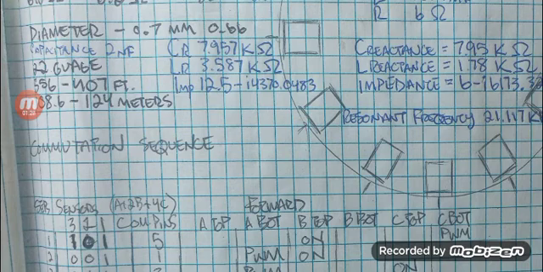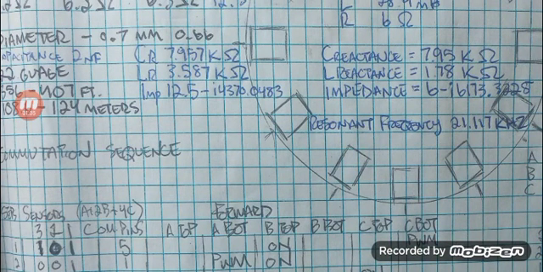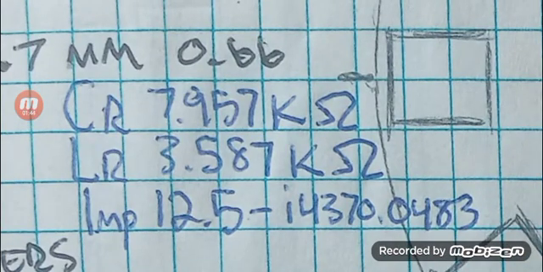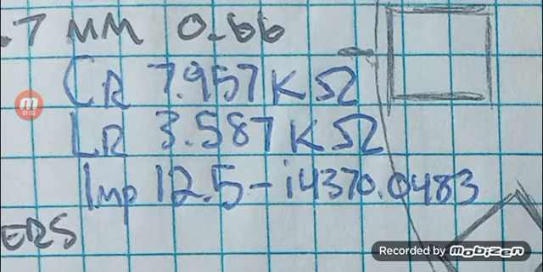The capacitive reactance for this motor is 7.957 kiloohms. That's this CR. That's capacitive reactance, 7.957 kiloohms. The LR is inductive. L stands for induction. That's inductive reactance at 3.587 kiloohms.